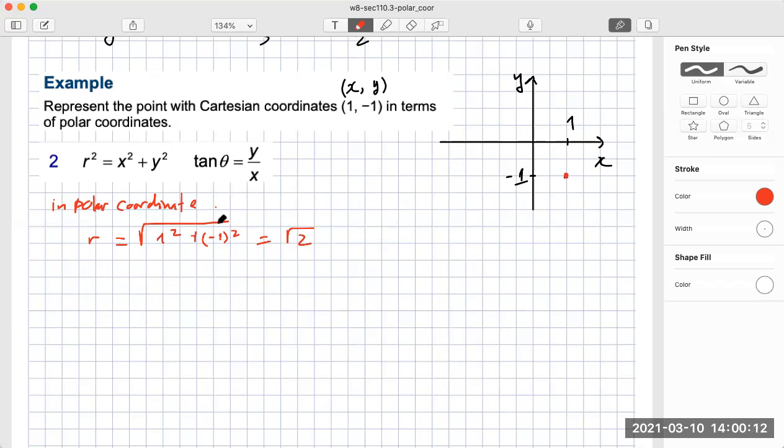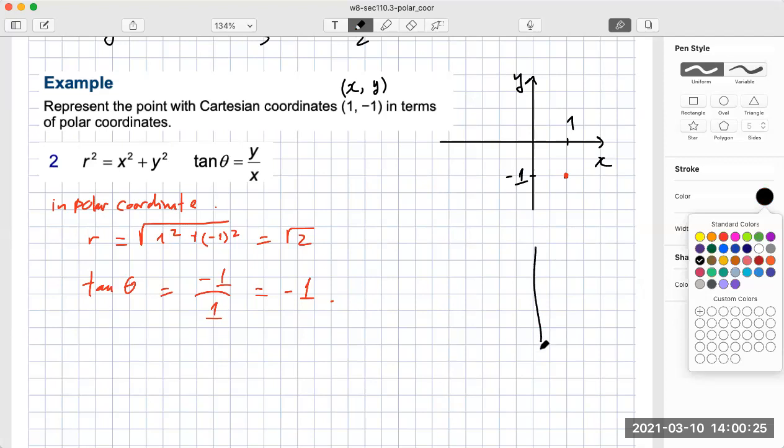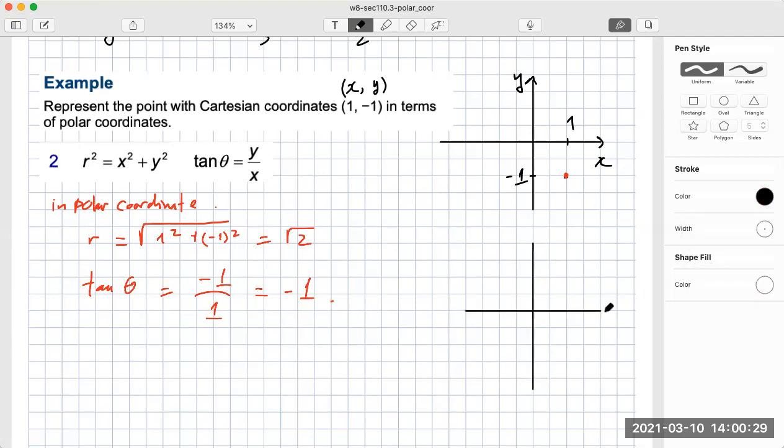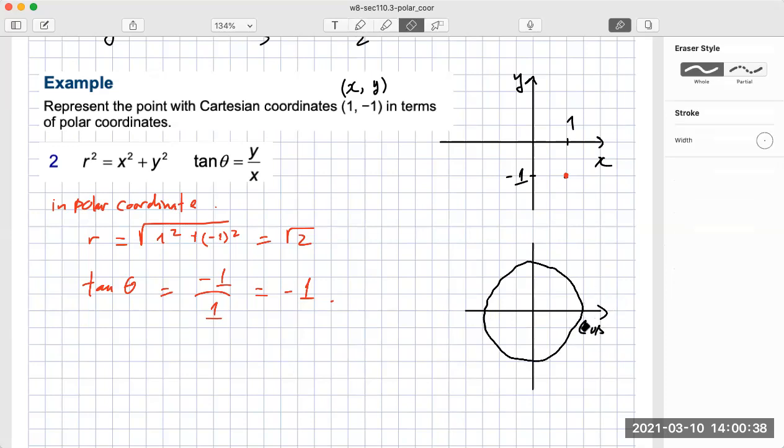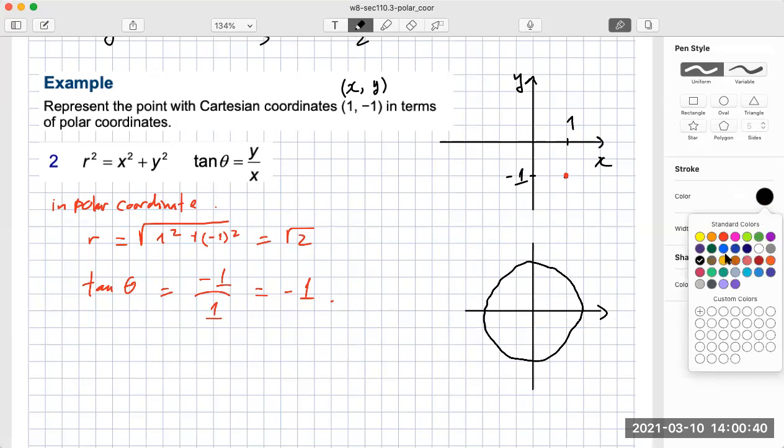And what is tan theta? Yes, negative 1 over 1, which is negative 1, right? Remember the unit circle. This is the cosine axis, and the tan axis is this line, right?